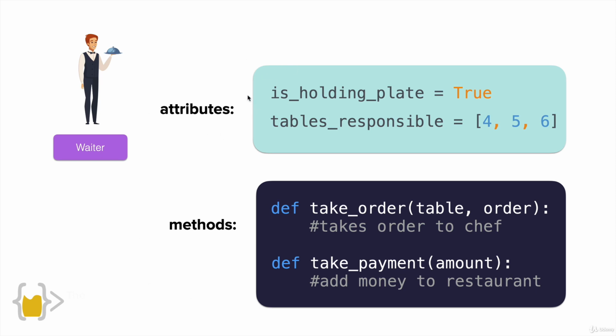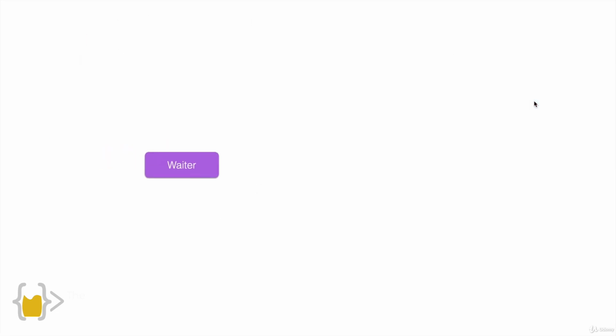The things that they have are their attributes, and these are usually modeled with variables. And the things that they can do are called methods, and they are modeled by functions. So essentially, an object is just a way of combining some piece of data and some functionality all together in the same thing.